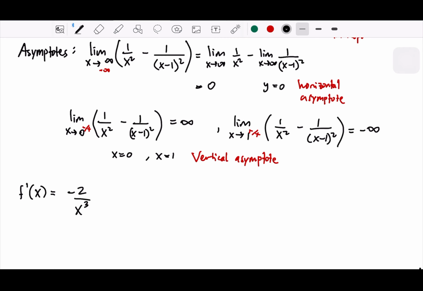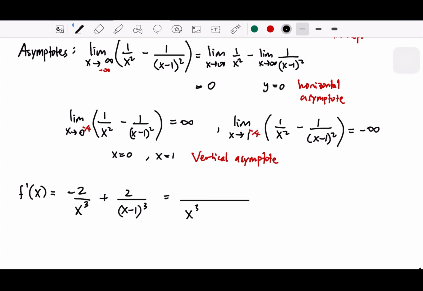It has a negative, multiplied with a negative, so it should be +2 over (x minus 1) cubed. Okay, we need to check whether this can equal 0 or not. And I believe some of you already tried, and we don't have any critical point here. But anyway, let's combine this all together.